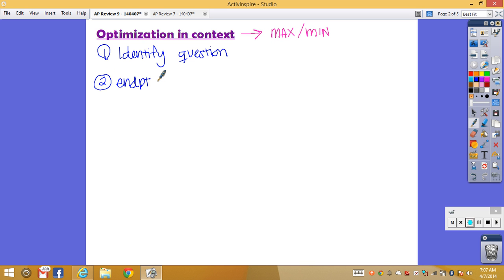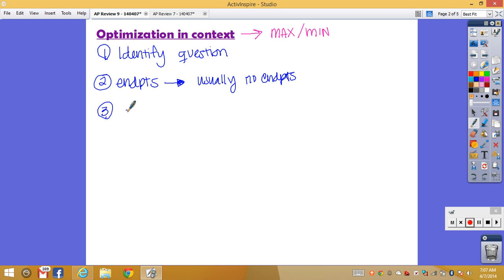And in context, usually there aren't endpoints because a lot of times 0 can't be used. So usually no endpoints. If 0 can't be used, then usually there aren't endpoints. But I still always double check for them. And then the steps after that are pretty much the same.